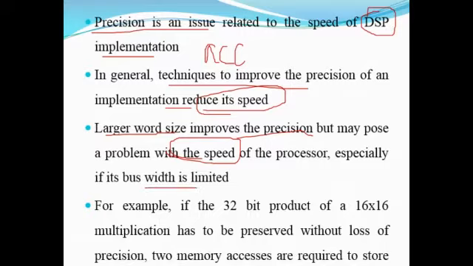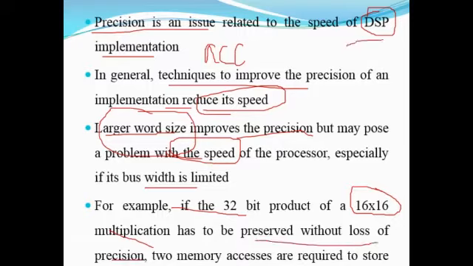For example, a 32-bit product is based on two 16-bit numbers, so a 16 by 16 multiplication is carried out, and it has to be preserved without loss of precision, because with a DSP processor we should have an accurate result. So two memory accesses are required to store this particular number.